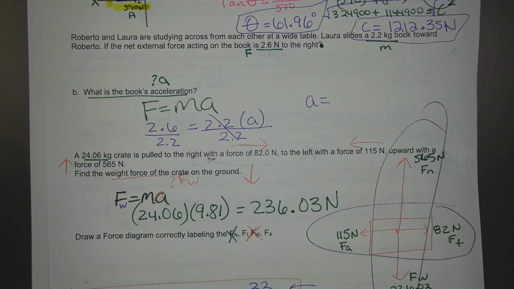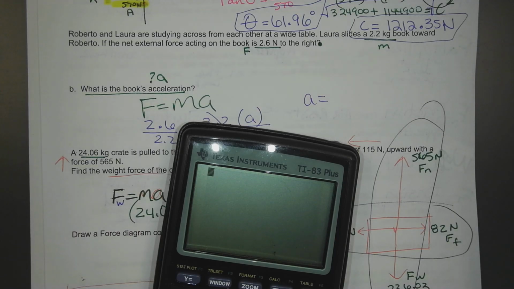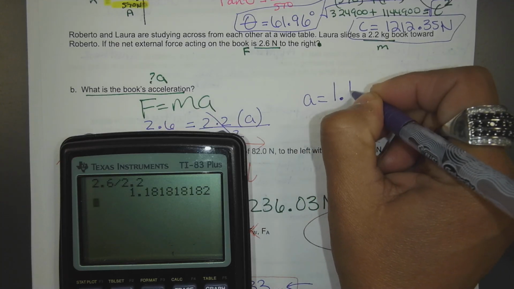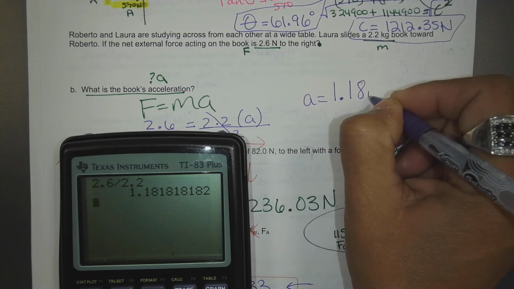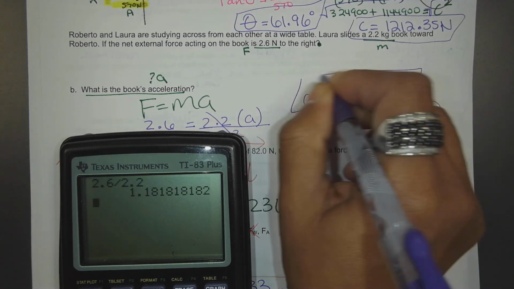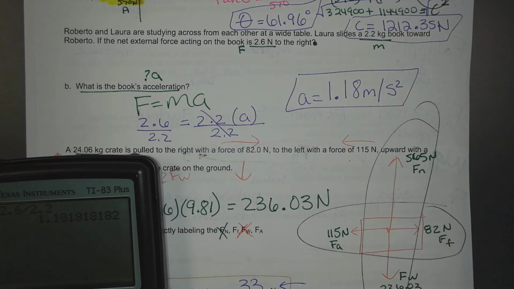A comes out to 2.6 divided by 2.2, which is 1.18 meters per second squared. That is still the correct SI unit because that is the correct unit for acceleration.